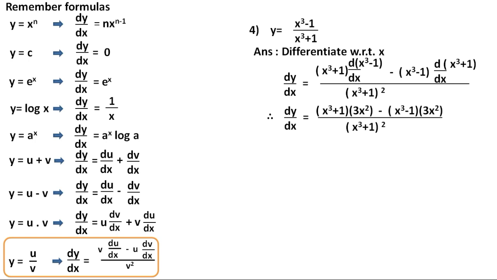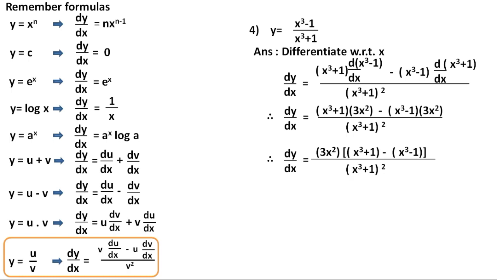Now, see, 3x square take out common from both. Okay. Therefore, dy upon dx is equal to 3x square in the bracket x raised to 3 plus 1, in another bracket, minus sign in another bracket, x raised to 3 minus 1, bracket close, divided by x raised to 3 plus 1 whole square.